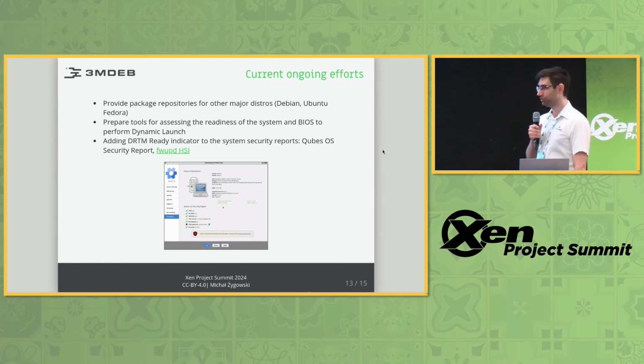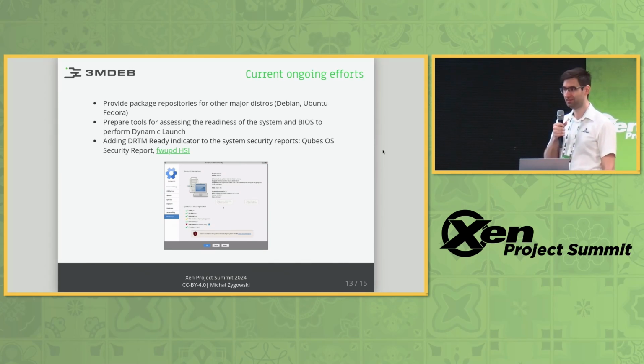And what is still in progress: we would like to extend the pre-built packages of GRUB and Xen for other distros as well, because Qubes is not the only target we want to support with TrenchBoot. So we would like to set up repositories for Debian, Ubuntu, and Fedora, at least temporarily until the patches are actually merged upstream.